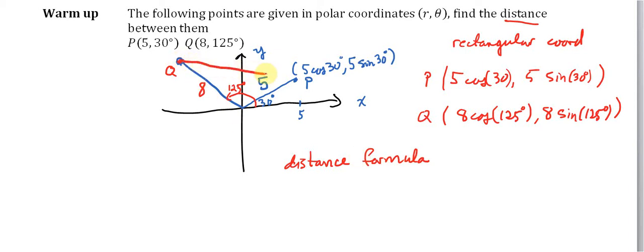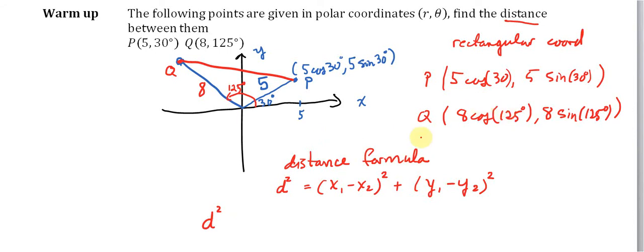So the distance, this red line right here, is going to be, let me remind everybody, d squared is equal to (x1 minus x2) quantity squared plus (y1 minus y2) quantity squared. So using the distance formula, we can just punch all of this information into a calculator and get our answer. So let's do that.